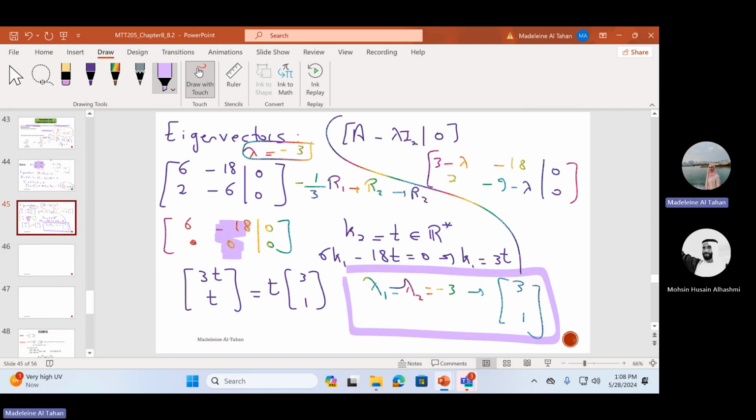Those who finished writing this, write the first solution and try to find the second solution. Did we finish writing from the board?